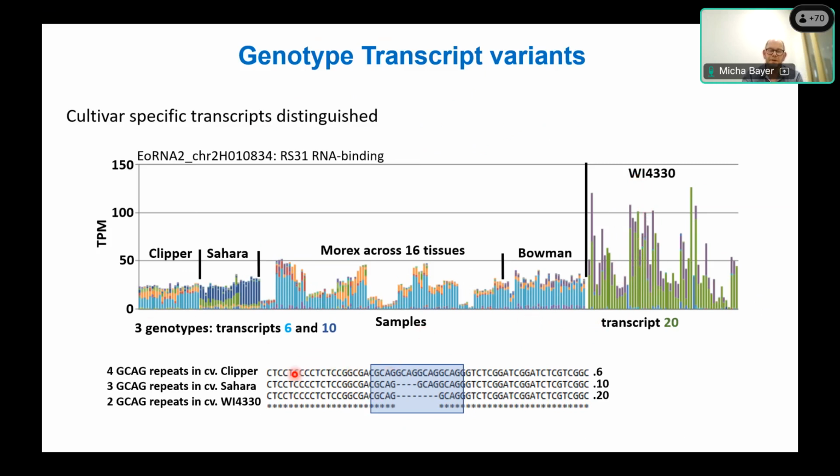In this case, you've basically got different amounts of 4 base pair repeats that have been deleted. In Sahara, there's a 4 base pair deletion compared to Clipper, and in WI4330, there's an 8 base pair deletion compared to Clipper. So you can characterize these different transcript variants very quickly.